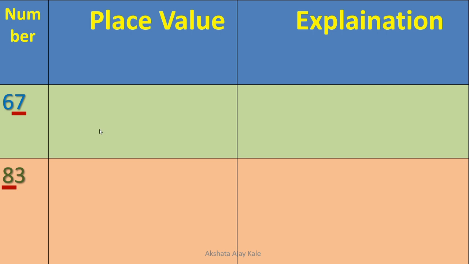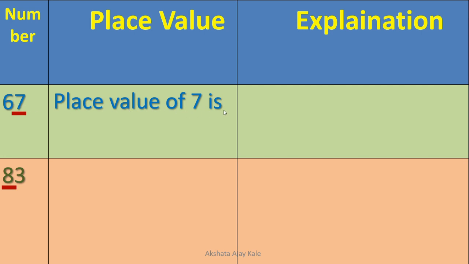Okay, we will go through. First one, 67. We have to consider only 7 here because the number 7 has underline, right? So we'll write here the place value of 7 is how much? Come on, tell me. What is the place value of 7? 7 is in unit place, right?